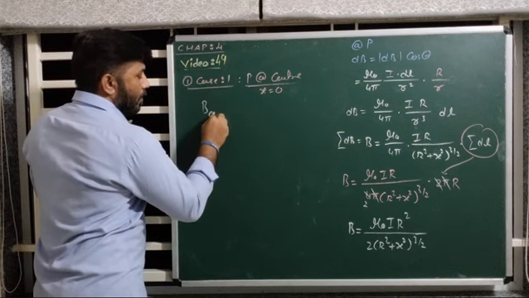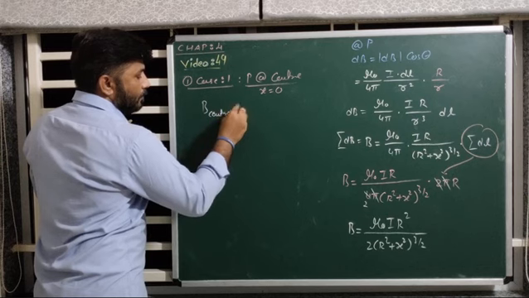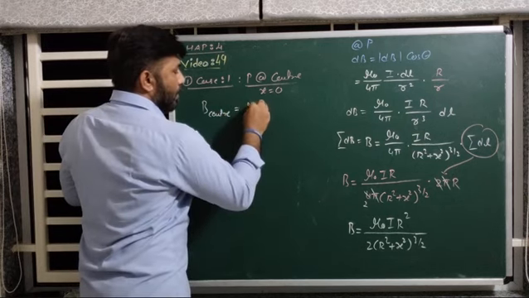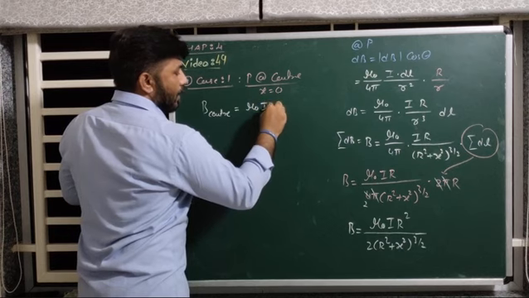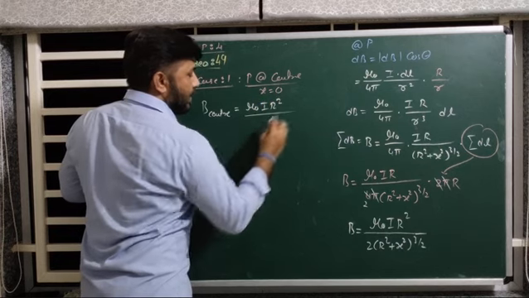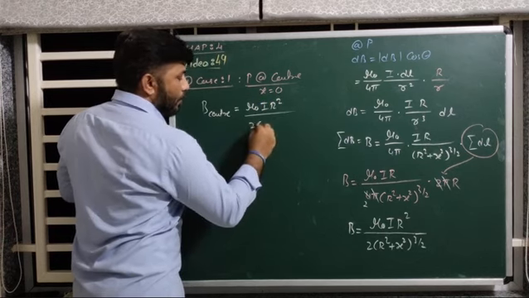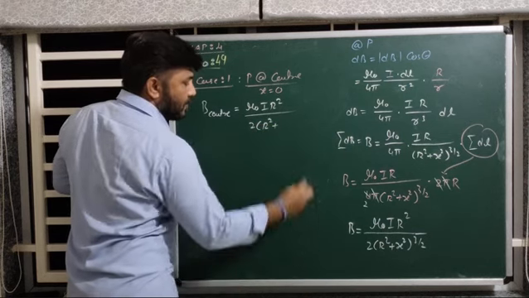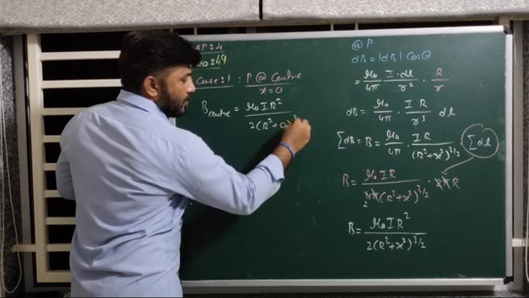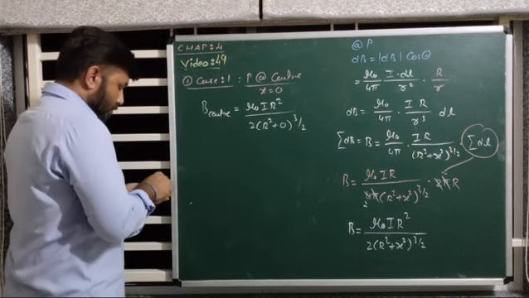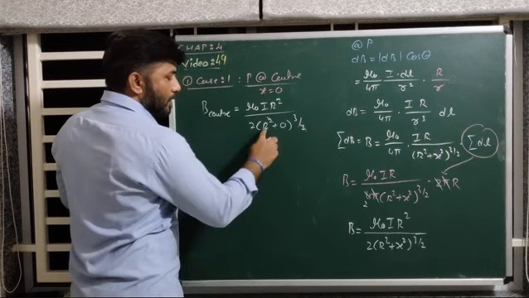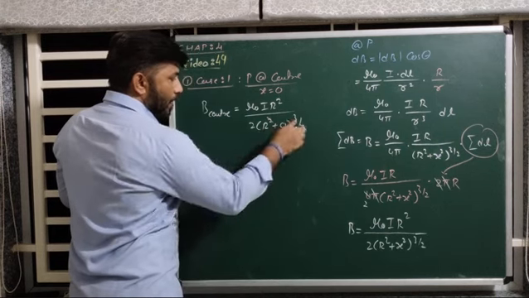So you will get magnetic field for the center, right, is equal to mu 0 as it is I R square as it is upon 2 (R square plus x term becomes 0) raised to 3 by 2. So here 2 will cancel out. There will be R cube.